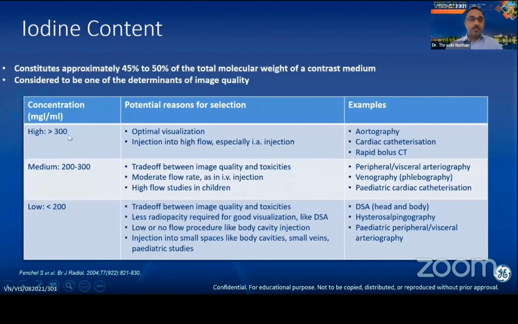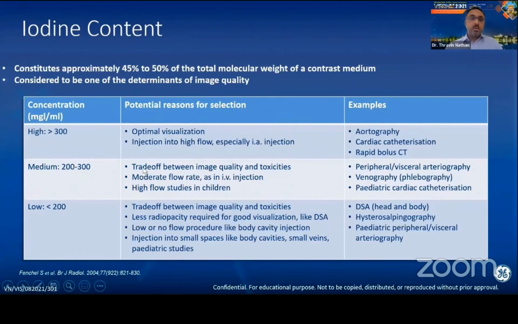To put it very simply, a higher concentration of above 300 milligrams of iodine per milliliter is usually used in situations where you would need optimal visualization, injection into high flow areas, especially intraarterial injections. This would typically involve procedures like angiography, procedures in the cath lab, cardiac catheterizations, rapid bolus CT, and so on.